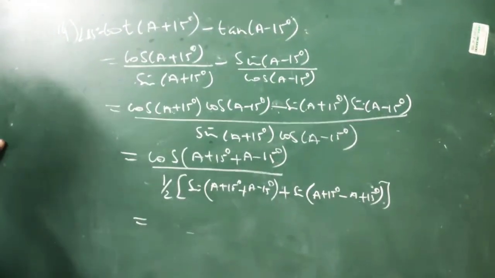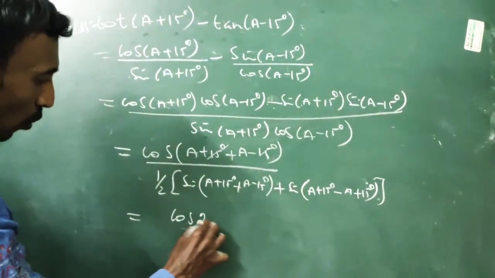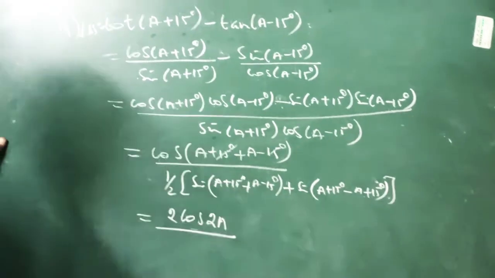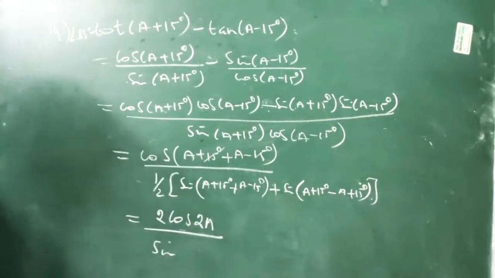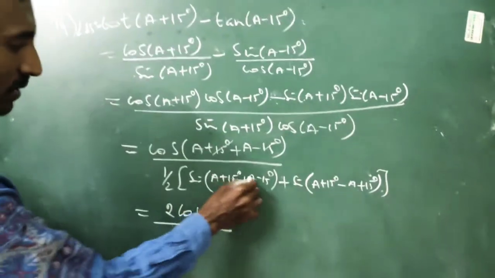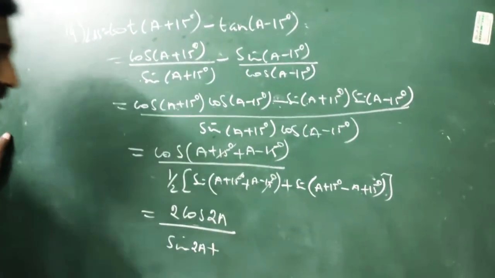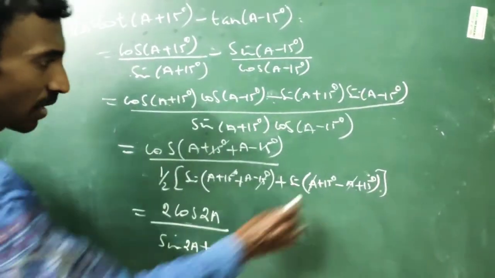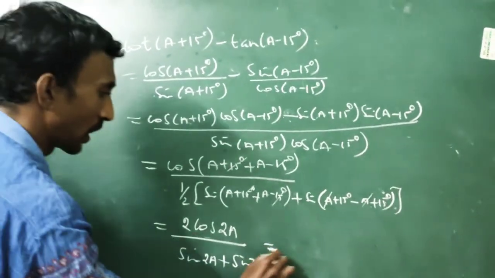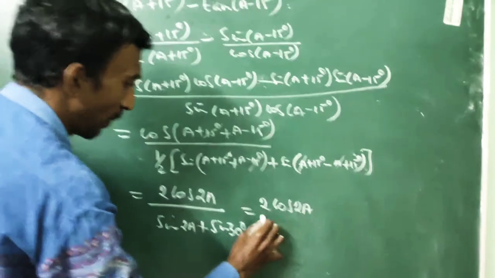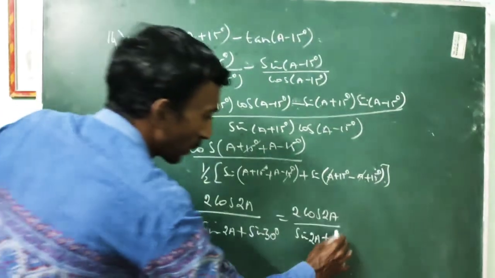In the numerator, plus 15 minus 15 cancel, a plus a, cos 2a, and the 2 goes to the numerator, so 2 cos 2a by, in the denominator, plus a minus a cancel, 15 plus 15 is 30, so sin 2a plus sin 30, and sin 30 is 1 by 2.